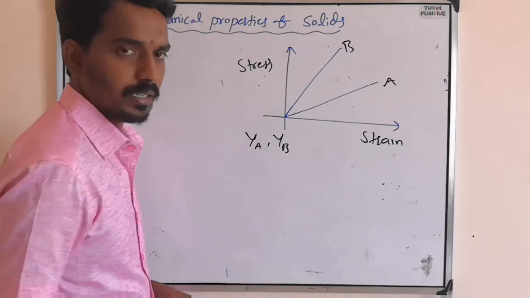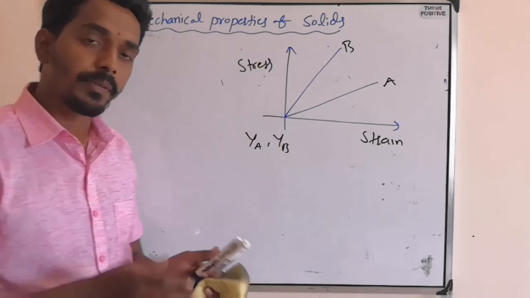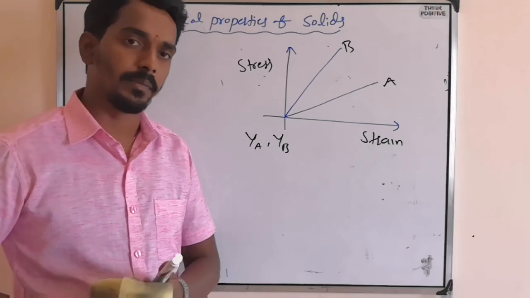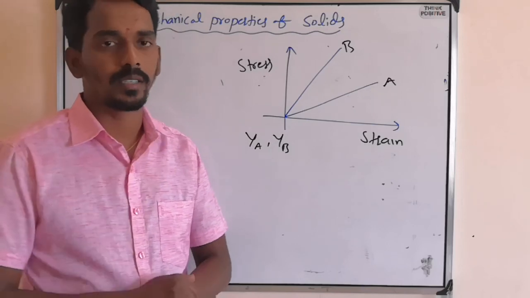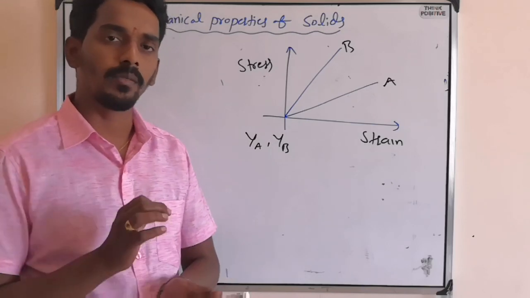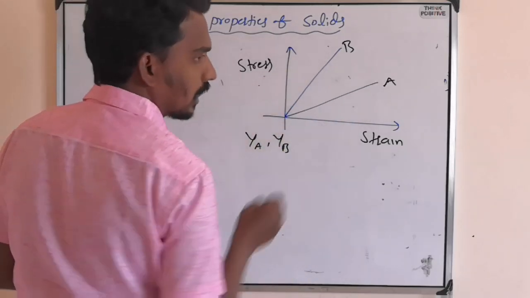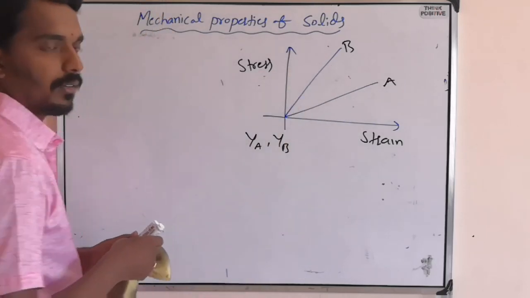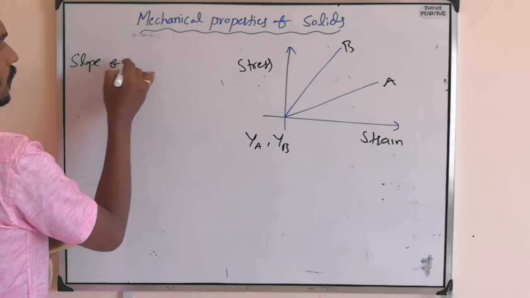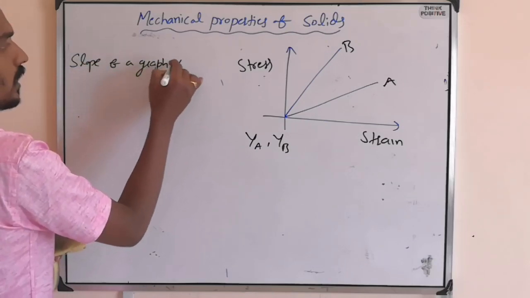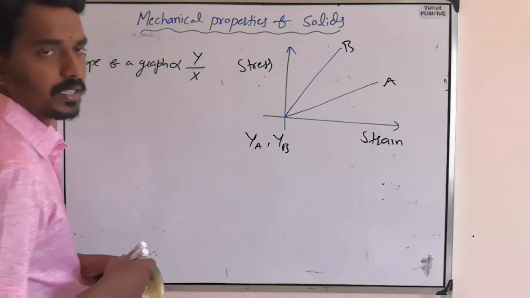So how to make the relation? If you look at the question, they have given a graph. We have studied graphical analysis in basic mathematics, where from every graph you can find two things: one is slope, another is area. Here you can find the slope of the graph. The slope of a graph is proportional to y quantity by x quantity.